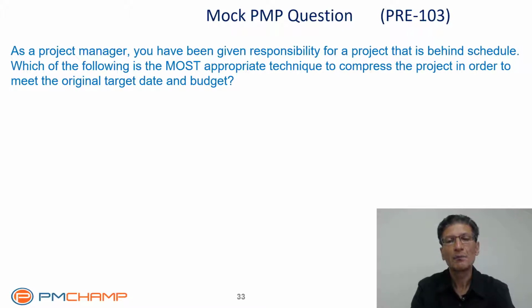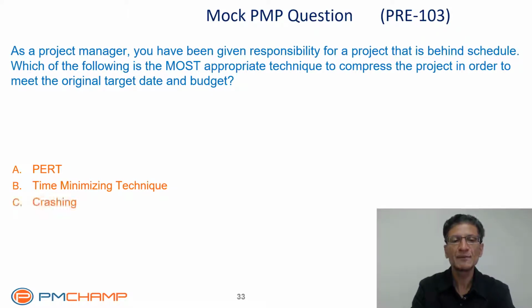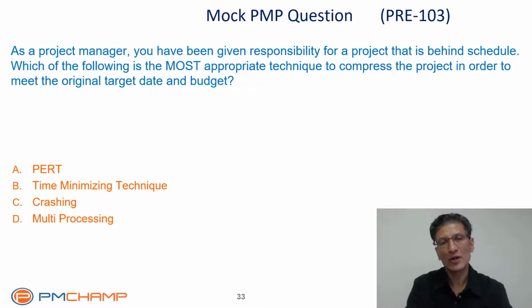Choices: A. PERT, B. Time minimizing technique, C. Crashing, or D. Multiprocessing. Do you know these terms? Did you find the bogus one? Please make a choice and then I'll tell you how to answer such questions.